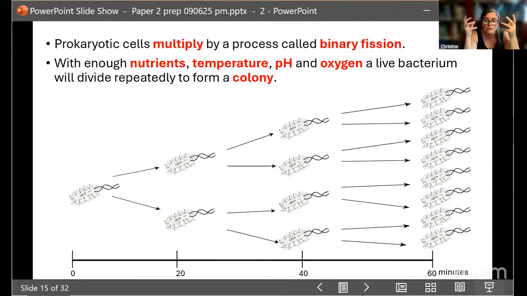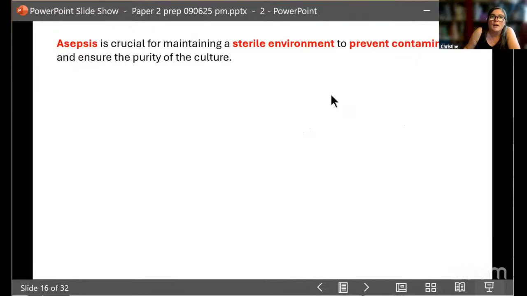I'm just scanning through my brain of all the stuff I went through, of where my thoughts are going. They didn't have anything on pH having an effect, or temperature having an effect, which would make me a little bit more confident that they could bring in the fermenter and the fact that the temperature needs to be controlled. But I'll come back to that. And obviously oxygen required because you want aerobic respiration.